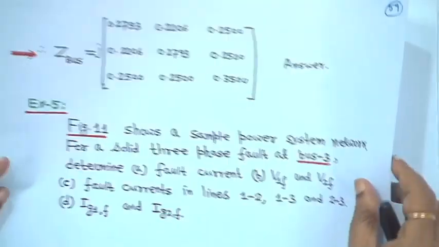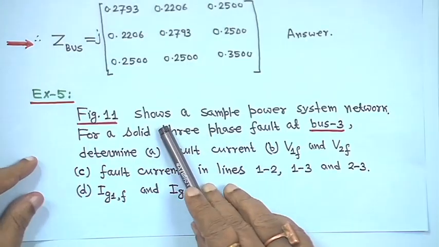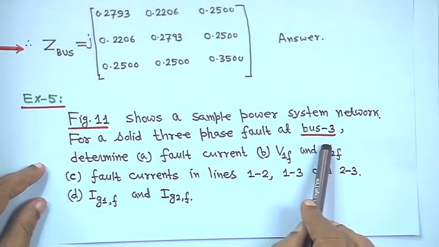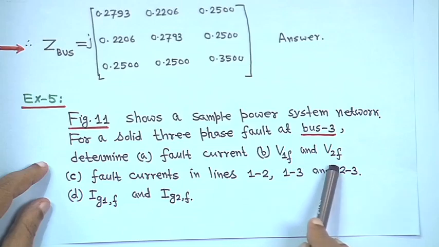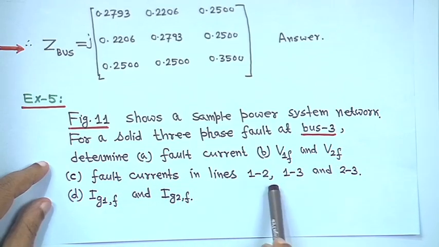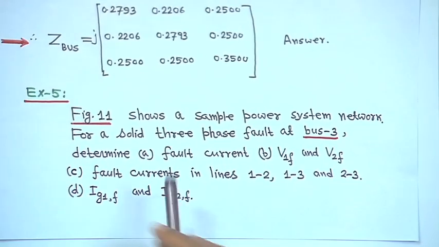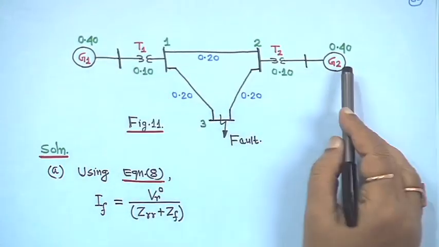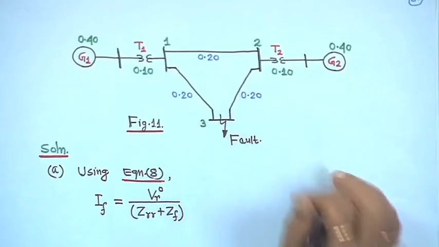Then another small example we will take, that is figure 1, which shows a sample power system network for a solid 3 phase fault at bus 3. You have to determine the fault current, then V1f and V2f, the fault currents in lines 1 2, 1 3 and 2 3, and Ig1f and Ig2f. This is the diagram, and the transformer reactance is given as 0.1, generator 0.4, and for 1 2 3 it is 0.2, 0.2, 0.2.